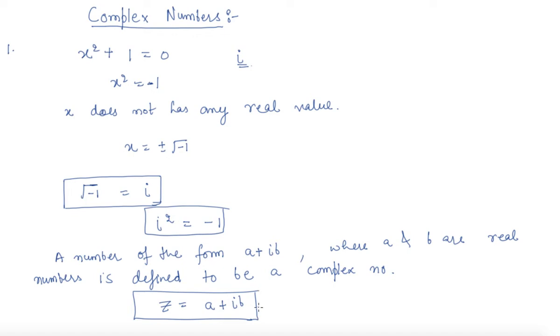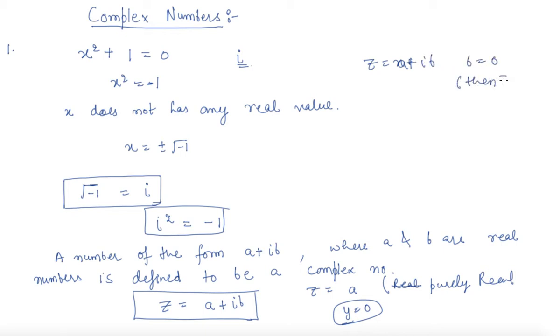Now, in a plus iota times b, if b is 0 then z is purely real.